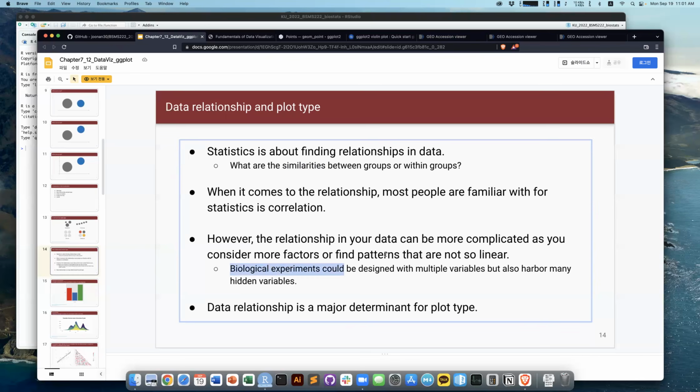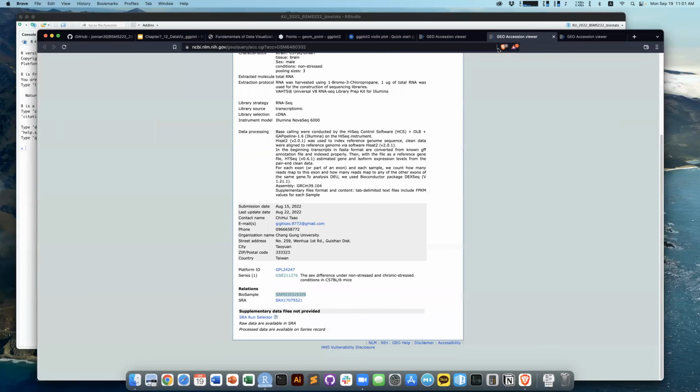And also the biological experiment has very unique features on this point. Biological experiments have multiple variables, and also multiple different hidden variables. Now we call these the covariates, right? So what does that mean? An easy example is here.